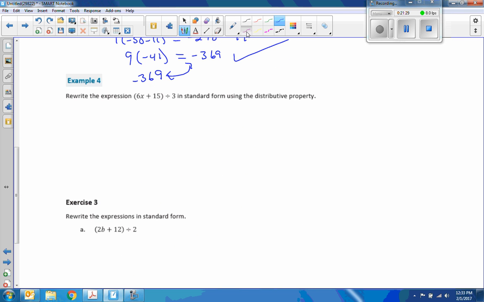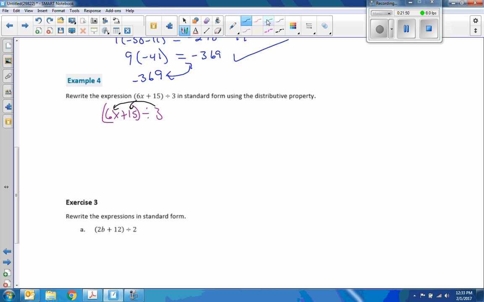Example 4. Rewrite the expression 6x plus 15 divided by 3 in standard form using the distributive property. So what that means is we're going to take 6x plus 15 quantity divided by 3. We're still going to use the distributive property. We're going to distribute the 3 to both parts.